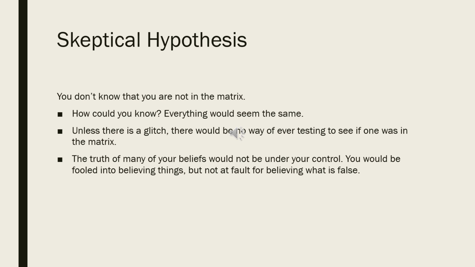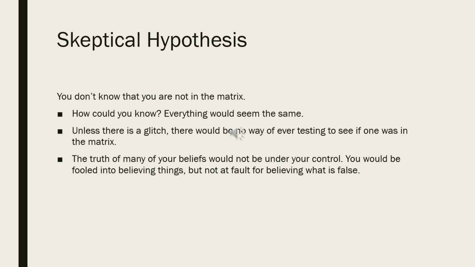And if you were in the Matrix, the truth of many of your beliefs would simply not be under your control. You would be being fooled into believing all kinds of things, right? Like that you're looking at your hand, that you're looking at your computer screen, that you are living in the year 2022 or something. All of these things would be incorrect.